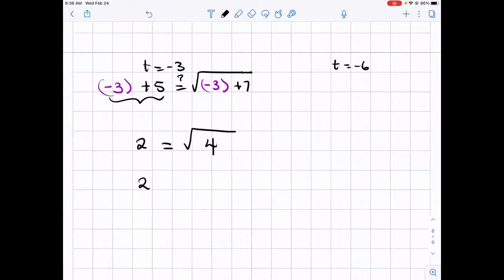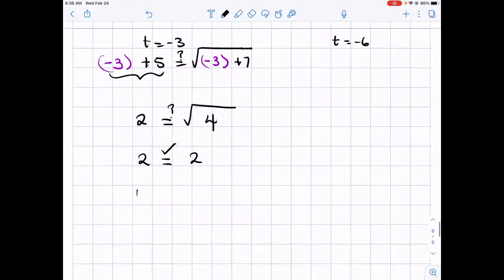So this is what we wanted to check, right? Is this true? The root of 4 is 2, so this checks. So we know that t equals -3 is a solution.